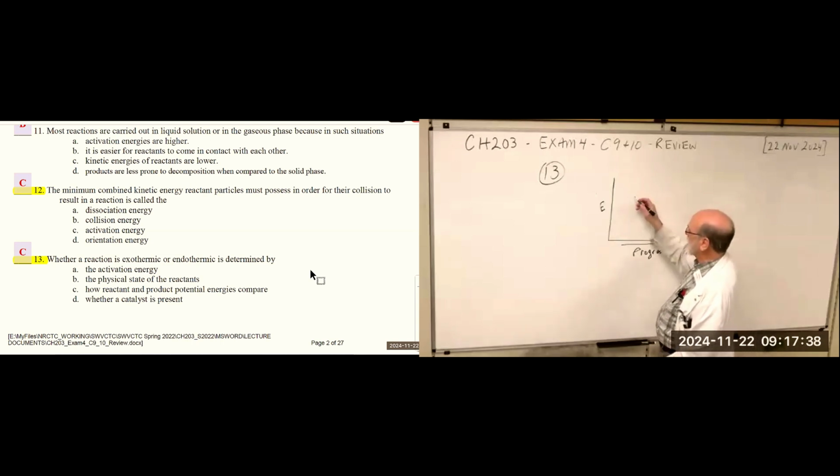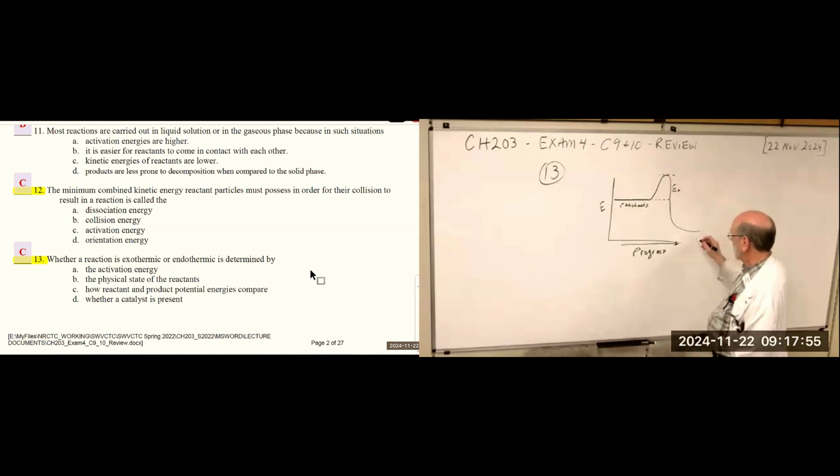If its components start out at, say, this energy where we have reactants, and then we need a minimum amount of energy, right, to get over the top, right? Between here and here is the activation energy, right? And then we have products.